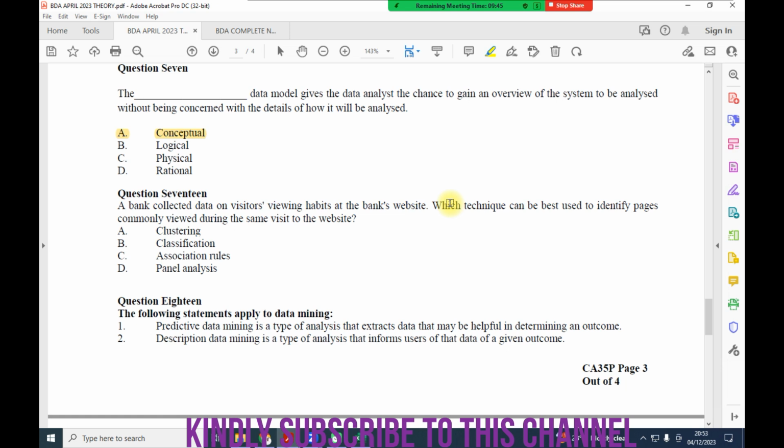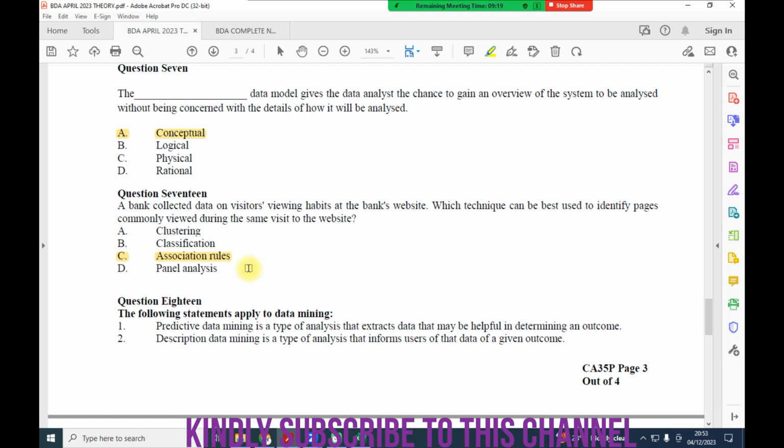Therefore, the technique that will be able to identify pages viewed by visitors to the bank's website is association rules, because we are looking at the co-occurrence, or the number of times items are being repeated.